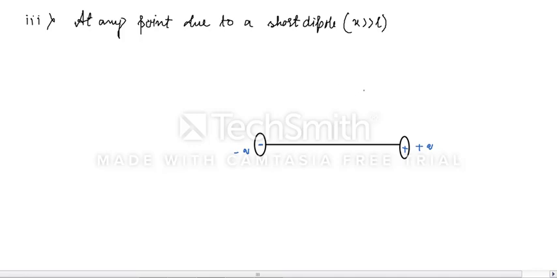And we are taking any point, so this be the point P. This is O. And the distance between O and P, let us consider the distance as R.